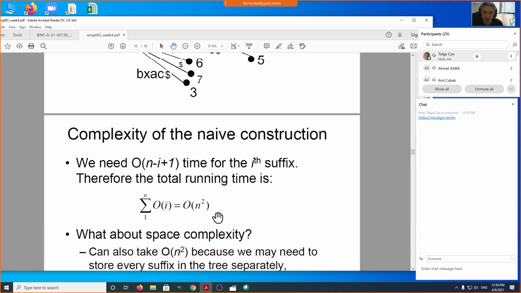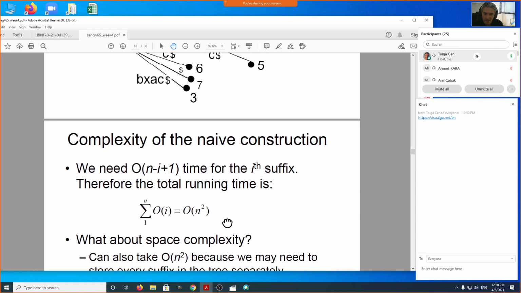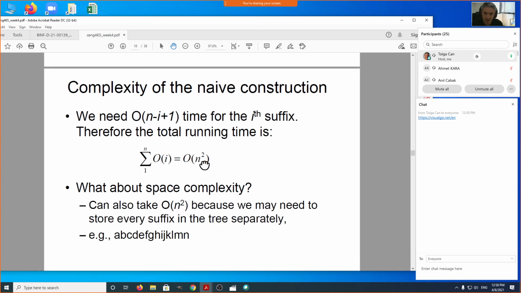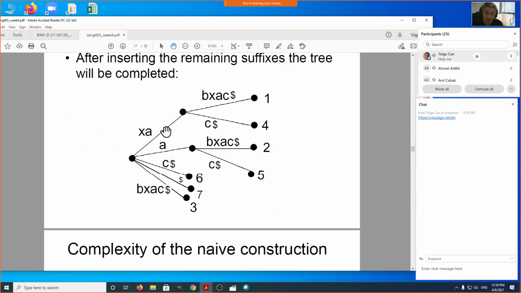Okay, so ours is O(n square) time complexity. The space complexity seems to be O(n square) if you have edge labels like this. If you repeat the entire edge label on each edge, the total number of letters on the edges will add up to O(n square).